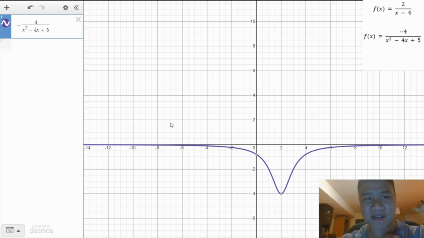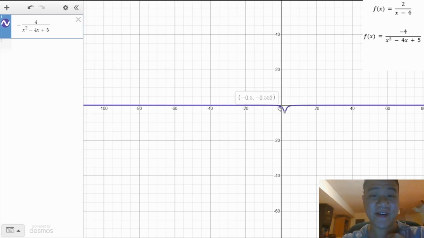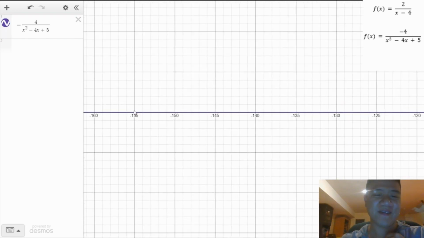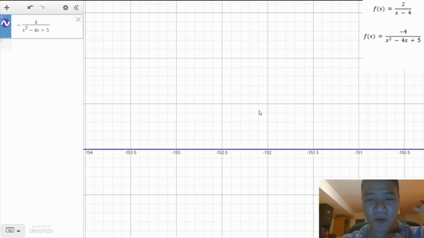There's a horizontal asymptote at 0, and you can see the function is always really close to 0 but never crosses it. We can prove this by staying all the way out here. As you can see, this is technically not 0. Desmos is just rounding. If you zoom in even more, you can see it.